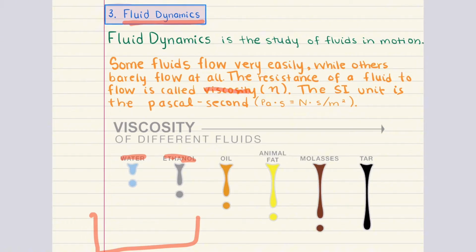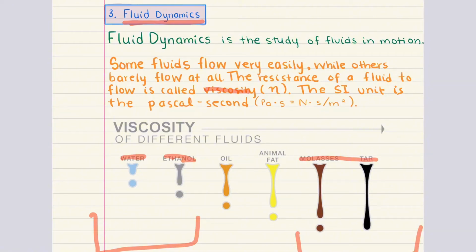The reason for this is because these fluids experience minimal internal friction. On the other hand, fluids like molasses and tar have high viscosity. They resist motion because their internal friction is much higher, and that causes them to flow slowly.